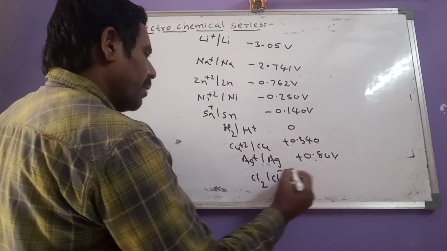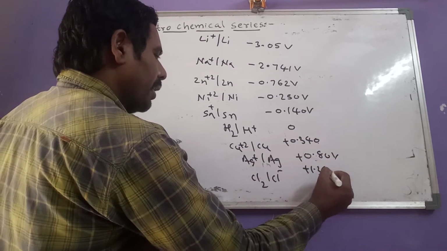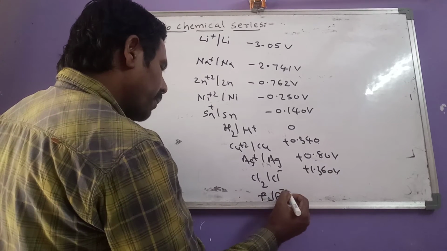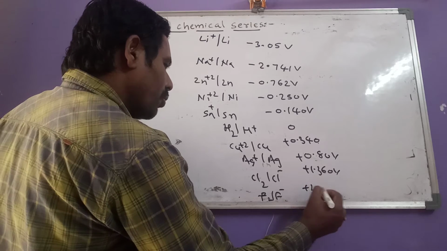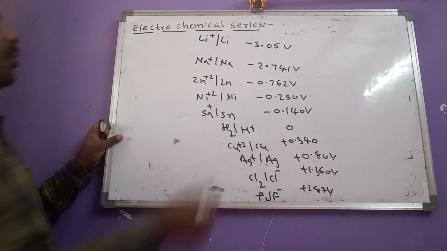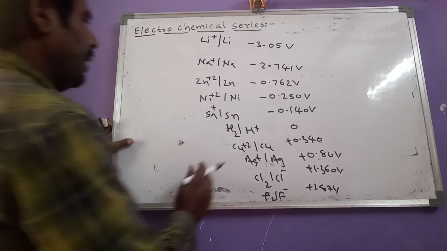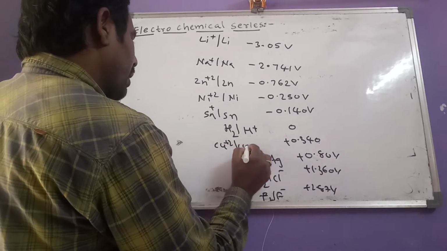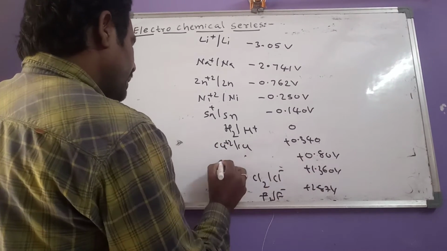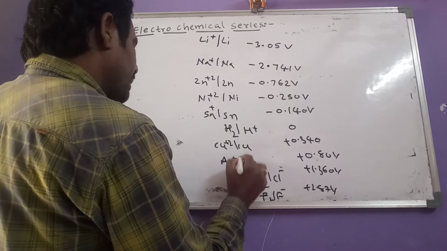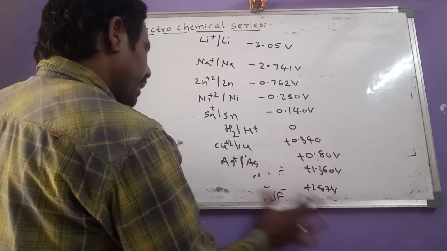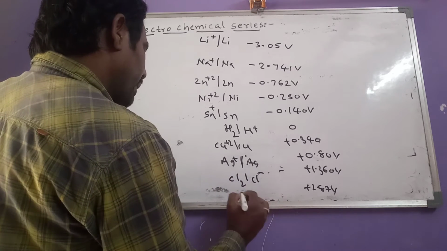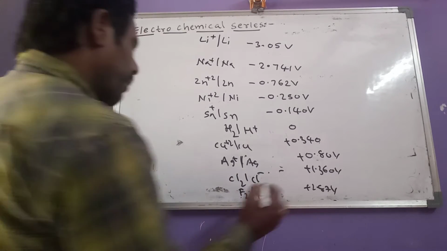Cl2 by Cl minus plus 1.360 volts. And finally fluorine by F minus plus 2.87 volts. So I will write here copper plus 2 by copper and silver plus by silver. And then here Cl2 by Cl minus, F2 by F minus.